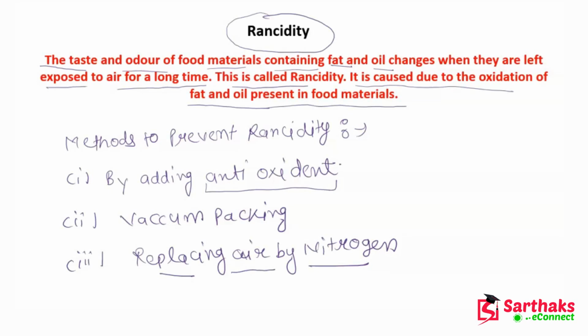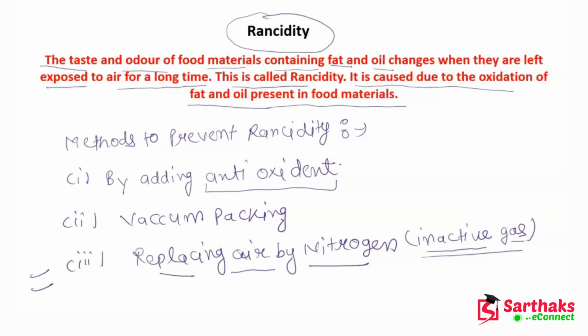Then we all know that nitrogen is an inactive gas. So it doesn't react with anything easily. So because of this property of nitrogen, a food material will become safe from the oxidation. So this is the third method of the prevention of rancidity.